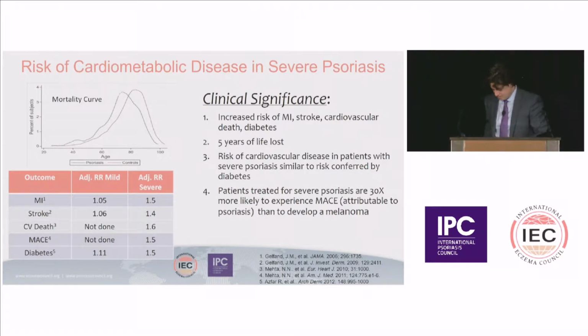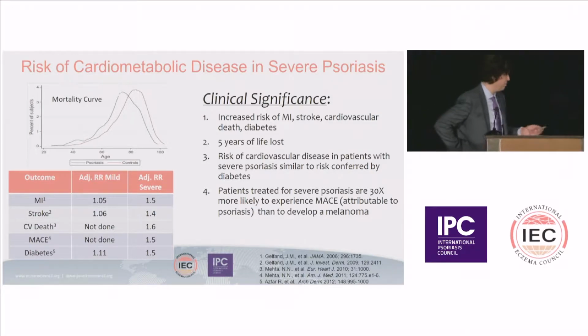So this is now a summary slide of about 10 years of work. Essentially we're using large population-based data sets, hundreds of thousands of patients, looking at the rates of cardiovascular events, controlling for traditional cardiovascular risk factors available to us in EMR data, so smoking status, BMI, diagnosis of diabetes, hypertension, and hyperlipidemia.